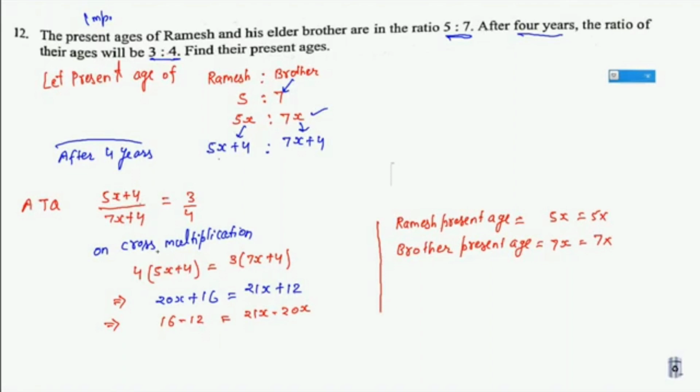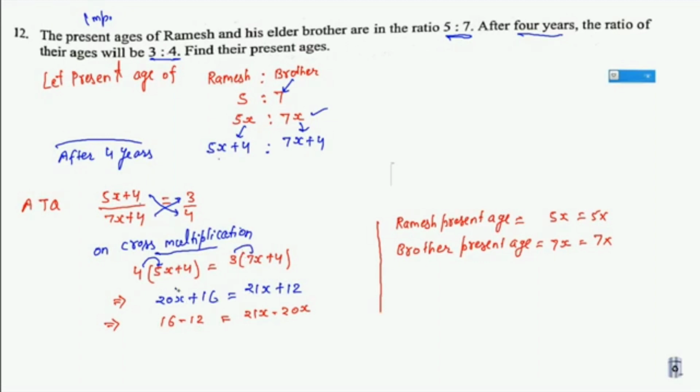It is given. Students, you read the question carefully. You are able to form the equation. And then on cross multiplication, we get 4 into 5x plus 4 is equal to 3 into 7x plus 4. We will solve it. We will get the present ages.